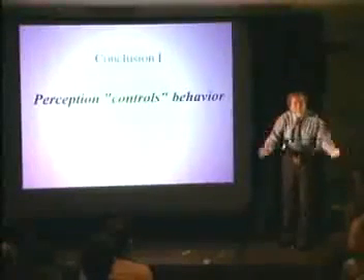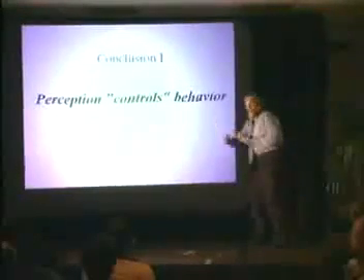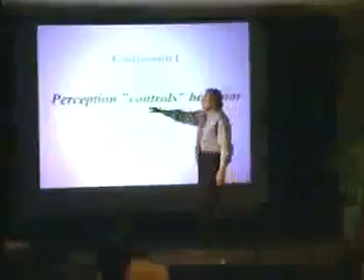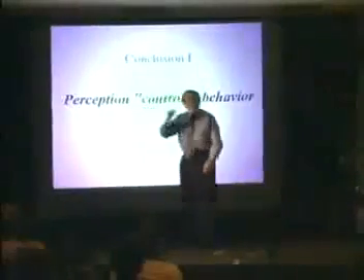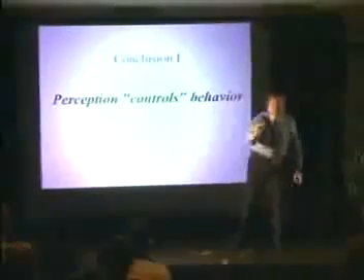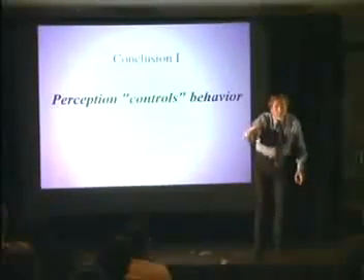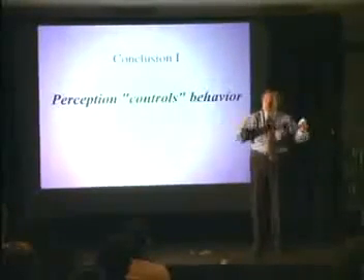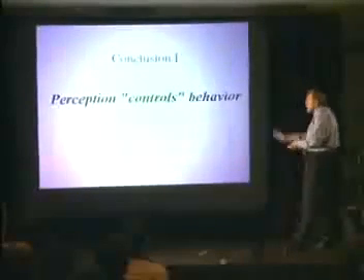It's very basic. Behavior, which is movement, this is behavior. Movement of protein is controlled by the signal, but via perception. So the bottom line is this. Perception controls behavior. If there is no perception, there's no behavior. And all of a sudden it's like, oh, well, that's number one. We didn't have genes involved yet.